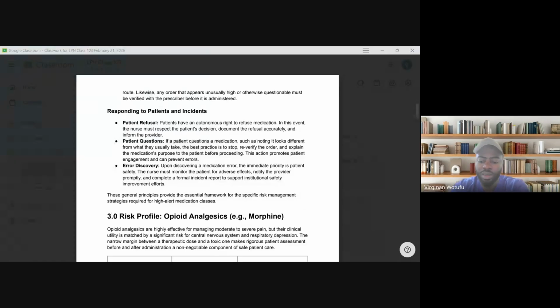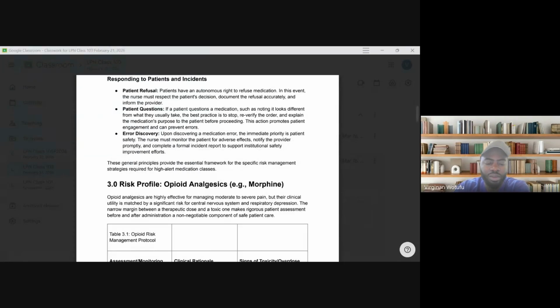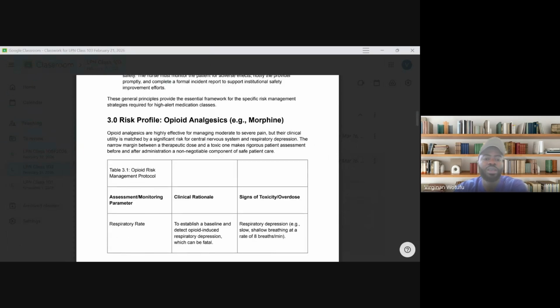So now let's look at some high-risk medications. Like we said earlier, these are drugs that carry a very significant risk during administration. If an error occurs, it might be fatal, so they need close and consistent monitoring.